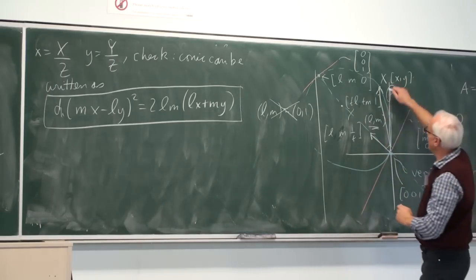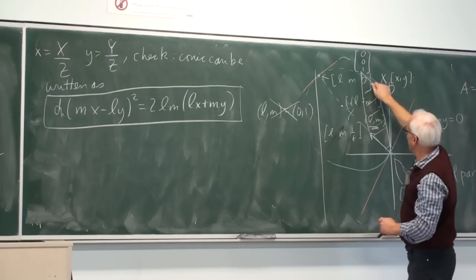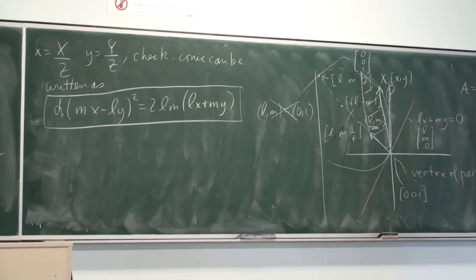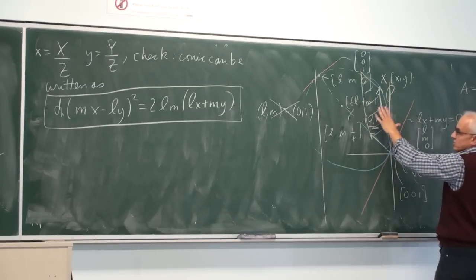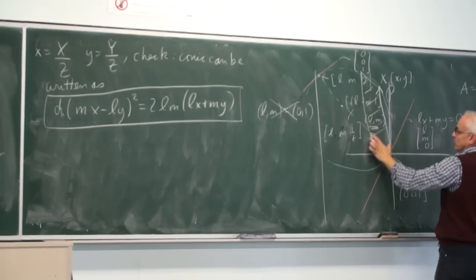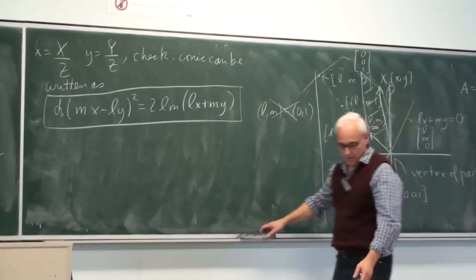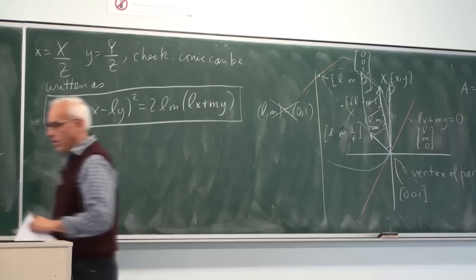And so it represents an area of a parallelogram. So it's telling us that in a parabola this area squared is linearly related to the dot product between this vector and this fixed normal vector. All right, so that's one view of a parabola.